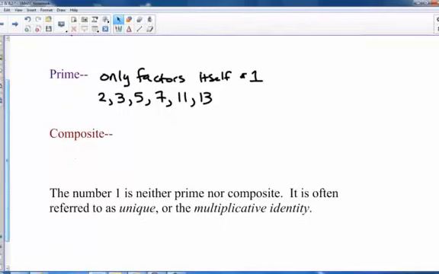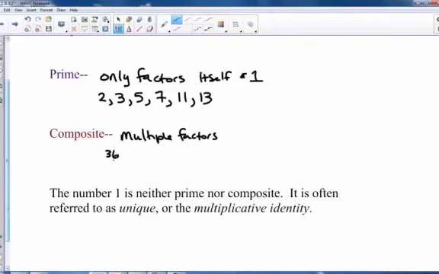And composite is everything else. Composite, it has multiple factors. So for example, 36, that is 6 times 6. 6 is not prime. That's 2 times 3 times 2 times 3. So the prime factorization of 36 is 2 times 2 times 3 times 3.